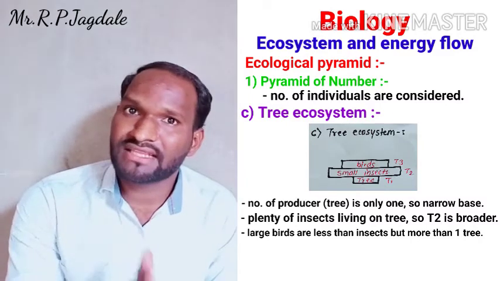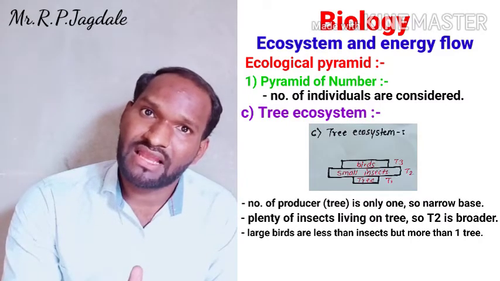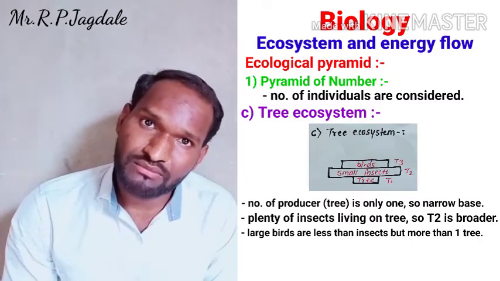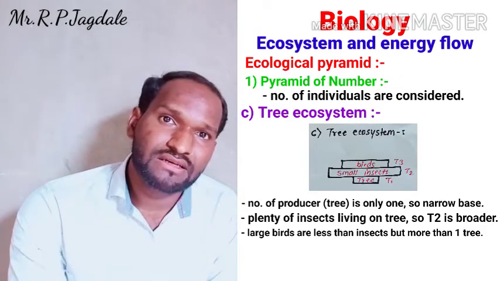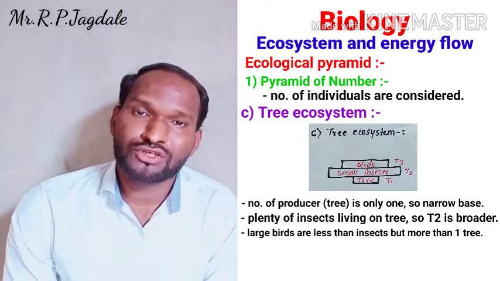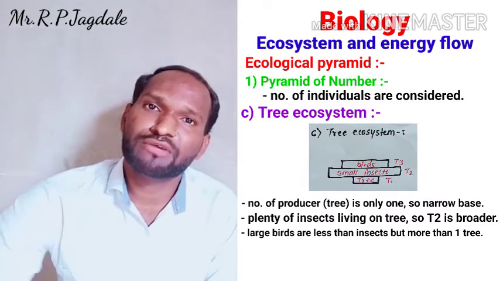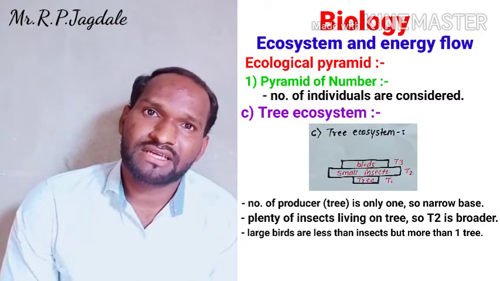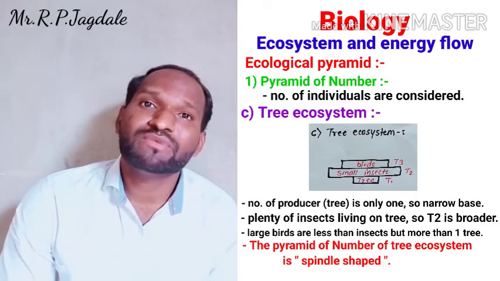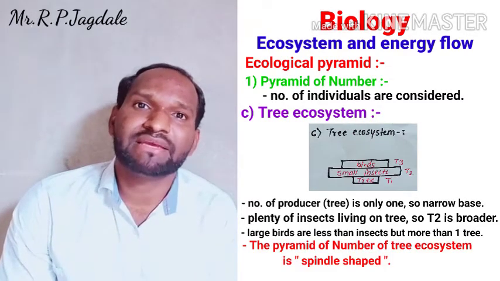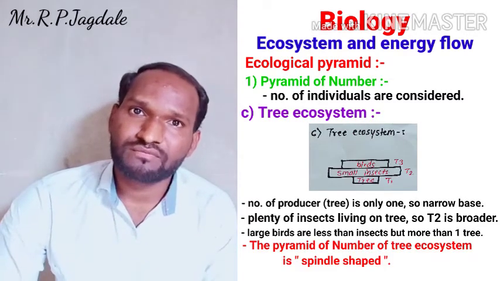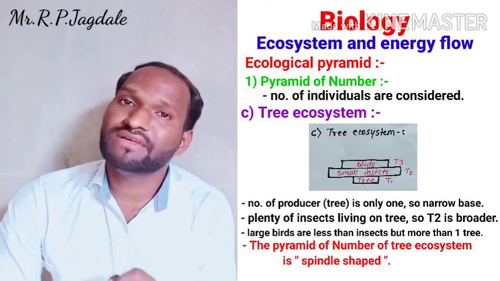So at the third trophic level, it is larger than the producer, but lower than the second trophic level. So we are getting a different shape of ecological pyramid, and this shape is called the spindle shaped pyramid.